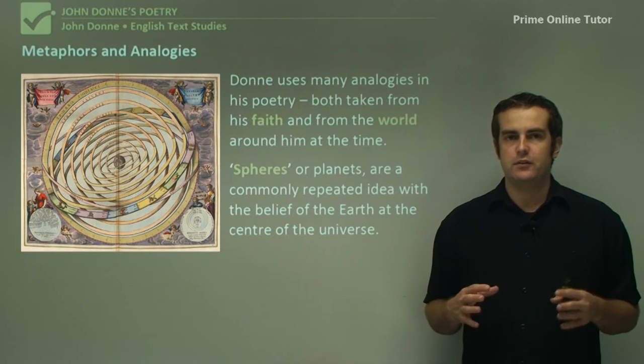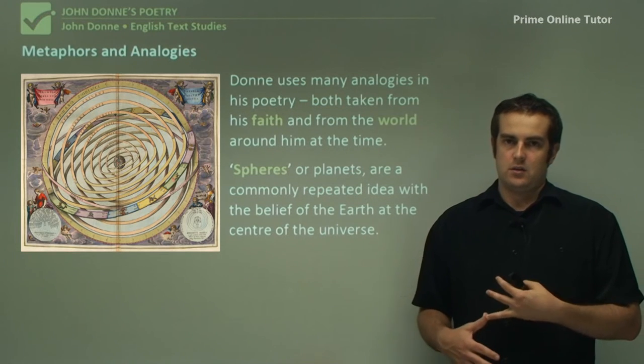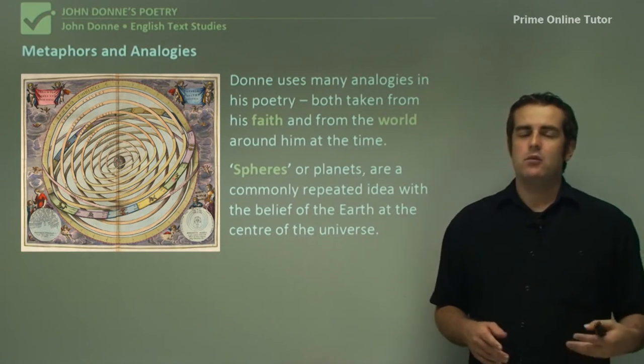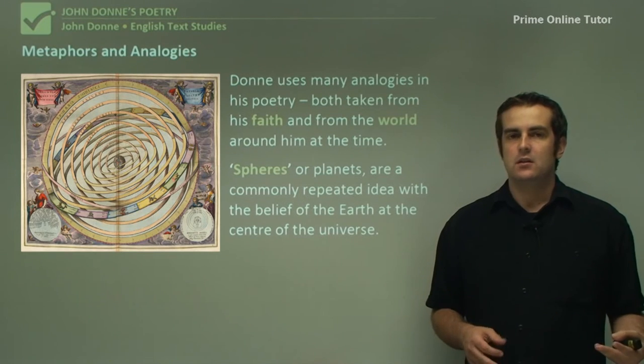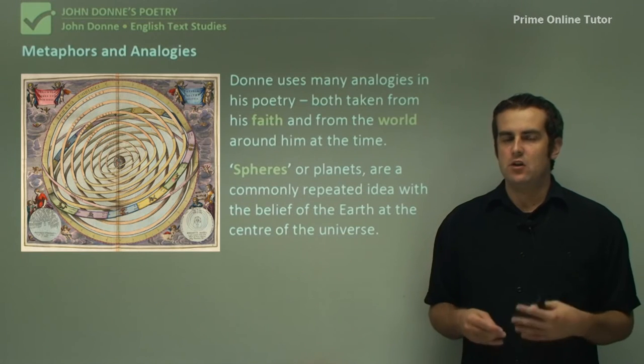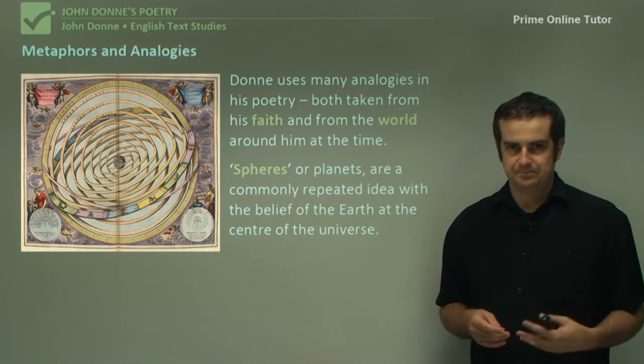It reinforces the power in which the human race would have considered themselves as having, as being the center of the universe, with the Earth being the center of all that's around them.